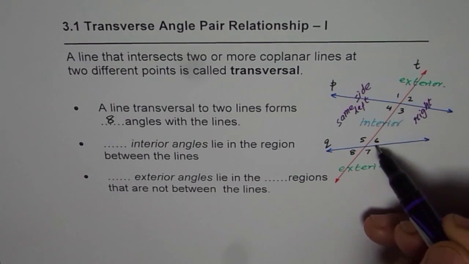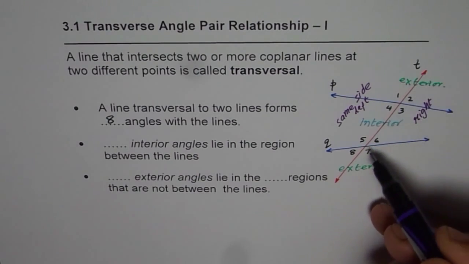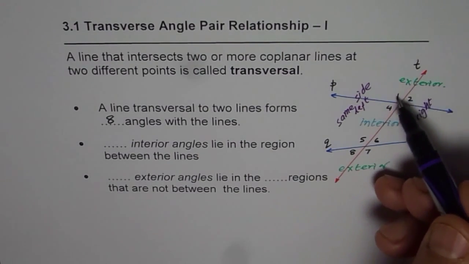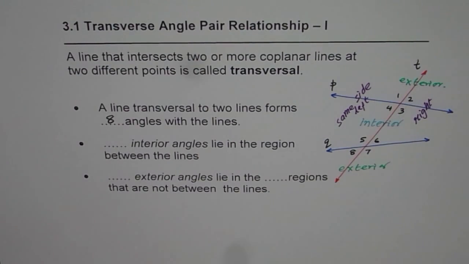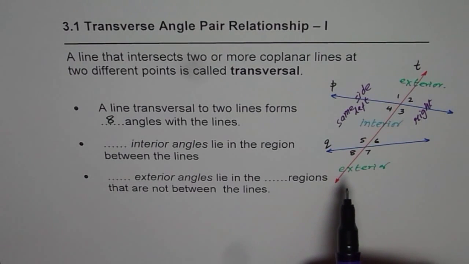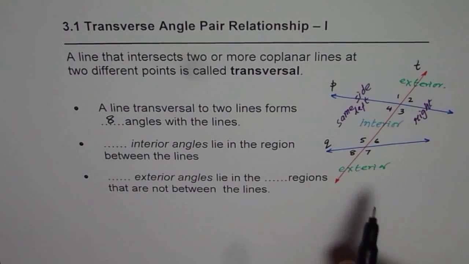So these angles are to the right of this transverse line. These angles are to the left of these lines. Do you understand? So we have a couple of terms which we will be referring to when we talk about transverse angle pair relationships in the next video. So let's understand all these terms here now.